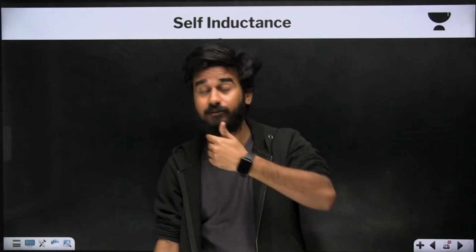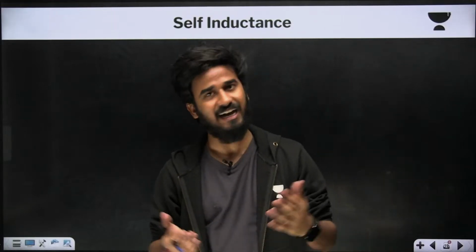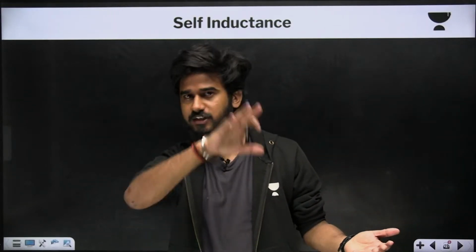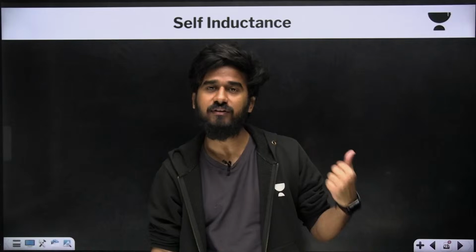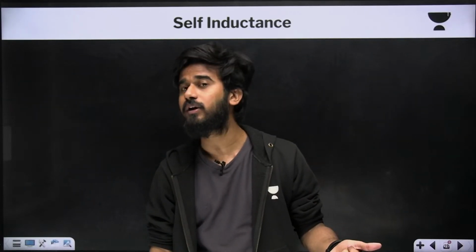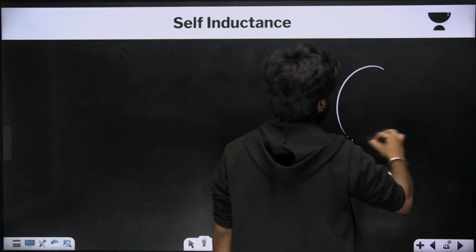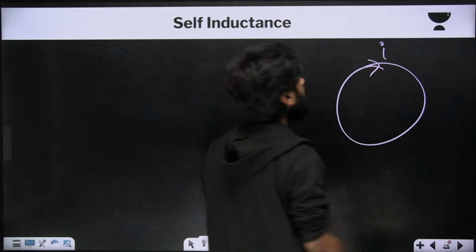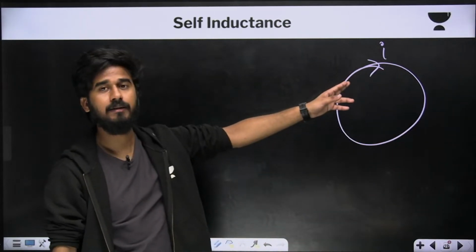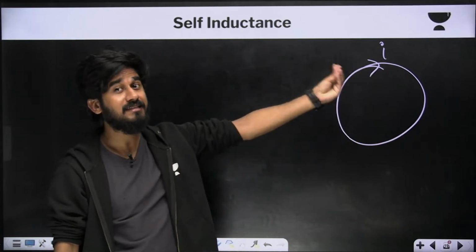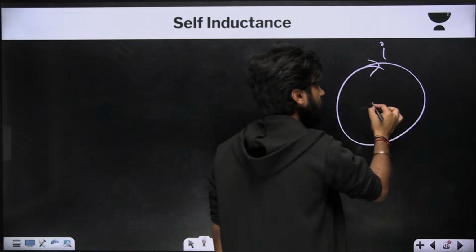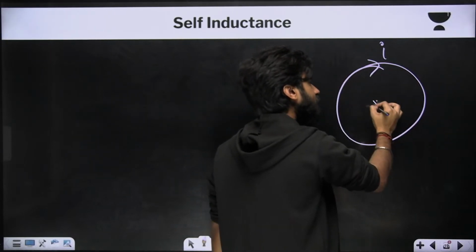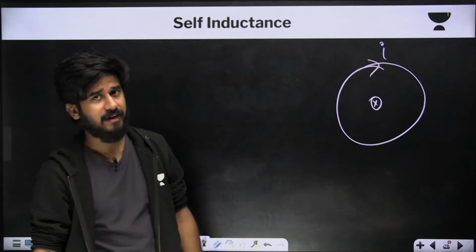So self-inductance is what? If we have a loop in which some magnetic field is present, now if we change the current in that particular loop, suppose that this is the loop and this is current. Because of this current, there will be some magnetic field at the center.